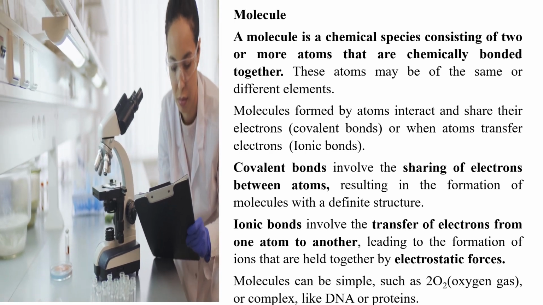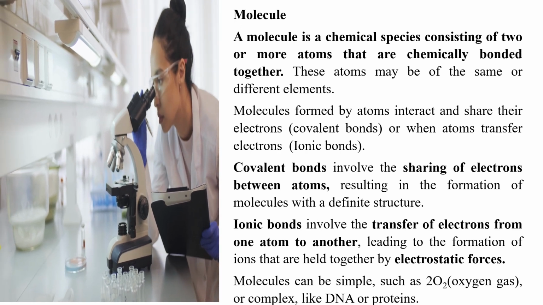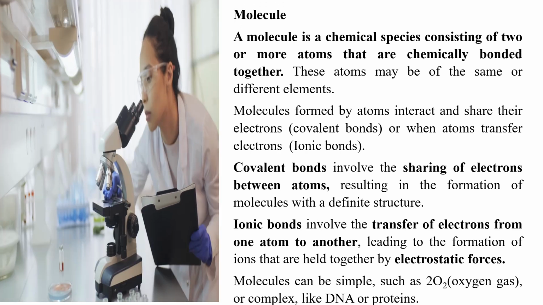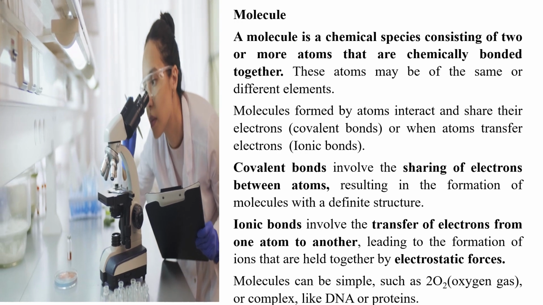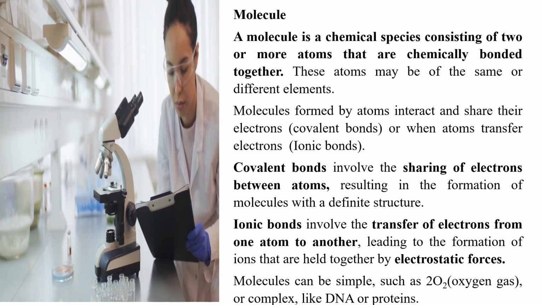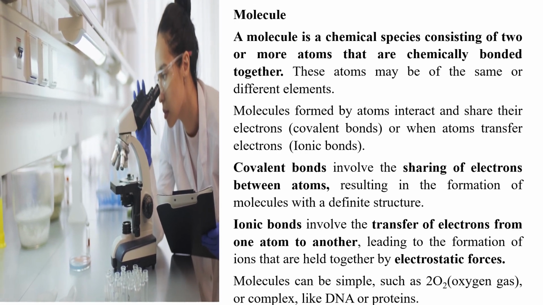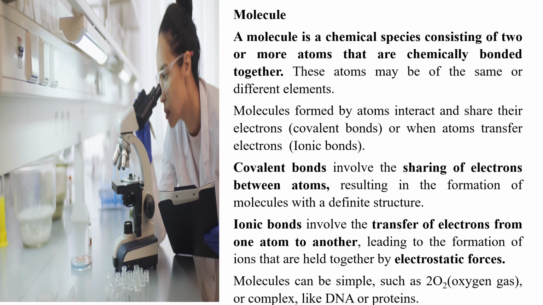Covalent bonds involve the sharing of electrons between atoms, resulting in molecules with a definite structure. Ionic bonds involve the transfer of electrons from one atom to another, leading to the formation of ions that are held together by electrostatic forces.